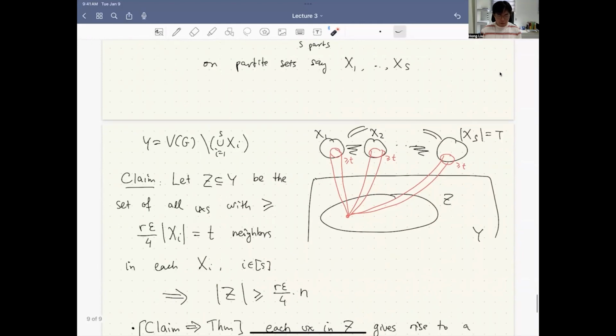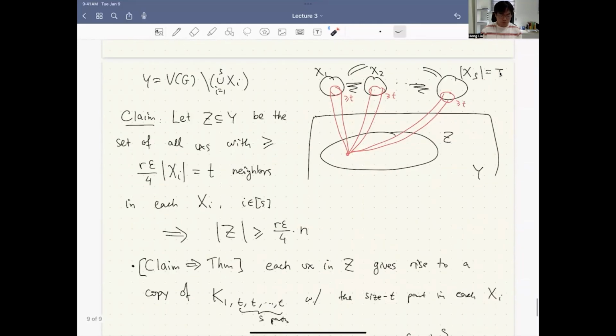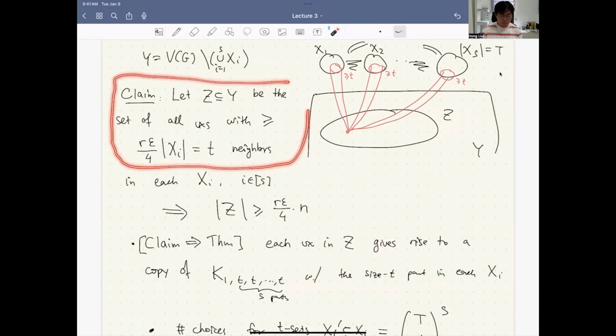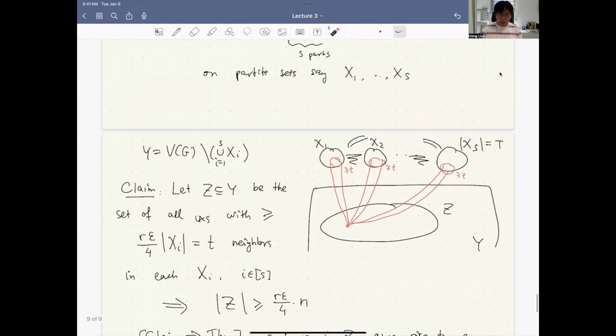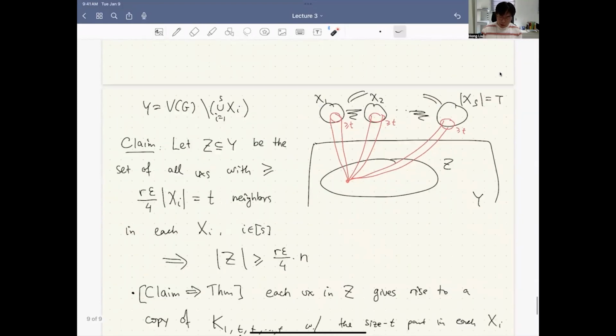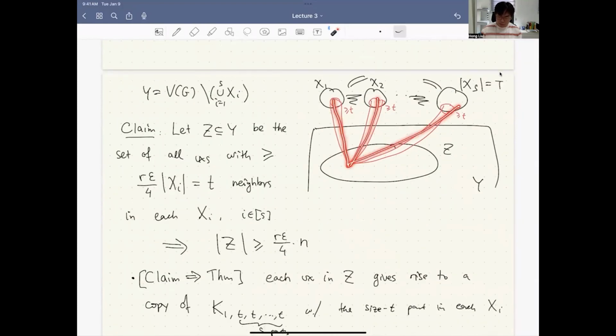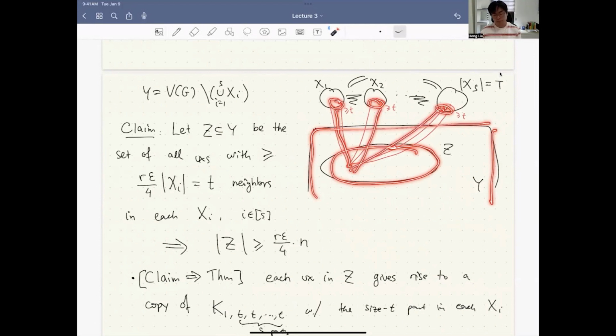And last time we basically made this claim without proving it, saying that let's do double counting on the number of stars like this. That's basically the idea, so that we can estimate the number of vertices, which we call Z, the set of vertices Z in the remaining vertices that has high degree to each of these parts.